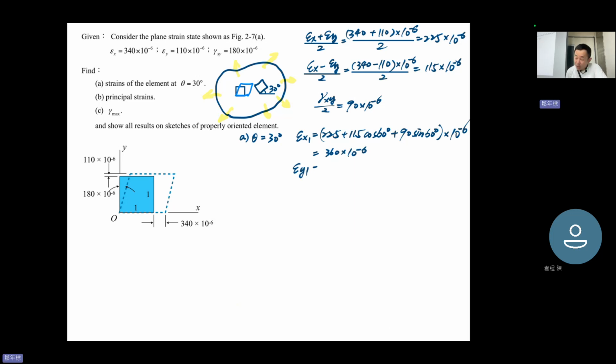Epsilon y1, invariant. Epsilon x plus epsilon y minus epsilon x1 equal to 90 times 10 to the minus 6.